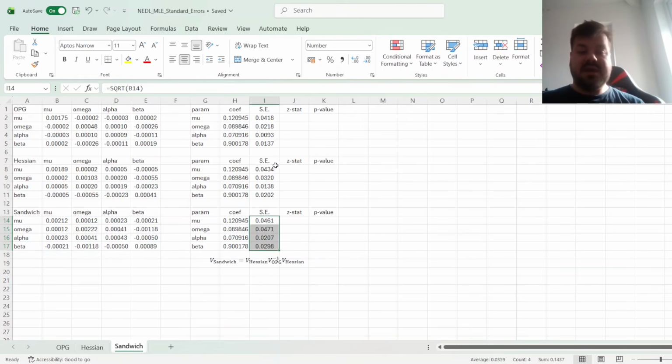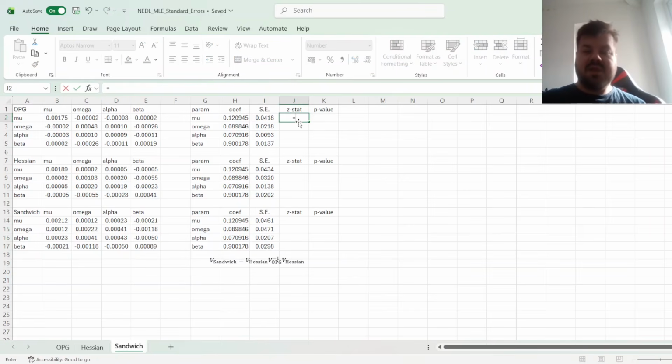And what we see here is that the standard errors that we have obtained from the sandwich method are much higher than the ones from the OPG approach, and are somewhat higher than the ones obtained from the Hessian matrix approach, meaning that we are less likely to have a type 1 error here. Those are higher, those are more conservative.